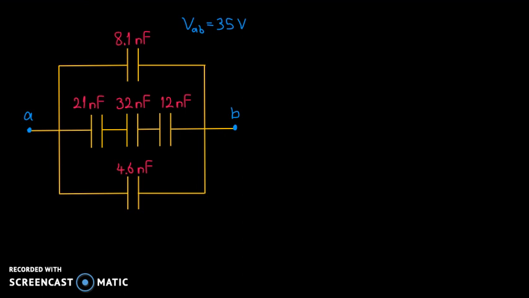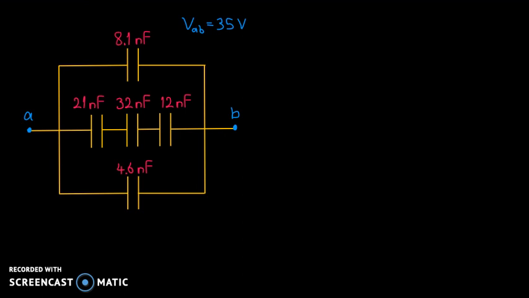What if I wanted to calculate the charge stored in the capacitor at the bottom, the one with capacitance equal to 4.6 nanofarads? How would I calculate that? Now, we don't need to calculate anything for this one. We can directly calculate this value without knowing the equivalent capacitance at all. Why? Because this 4.6 nanofarad capacitor is in between the potential points A and B, right?